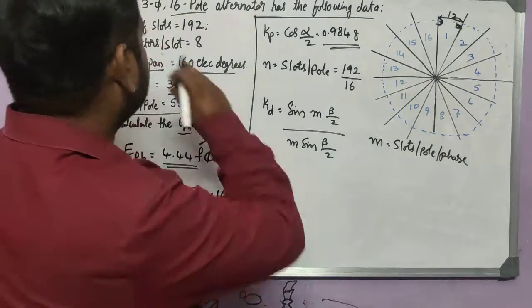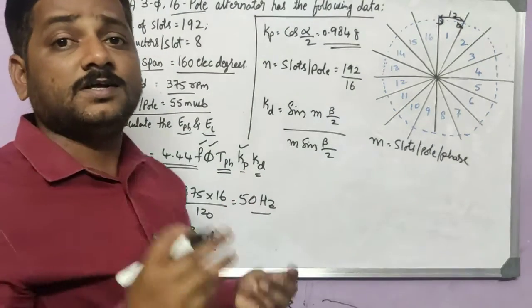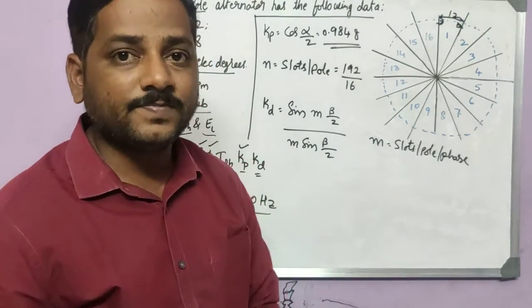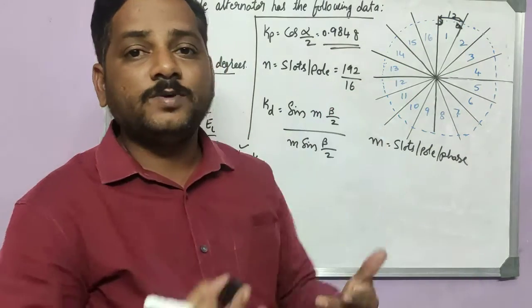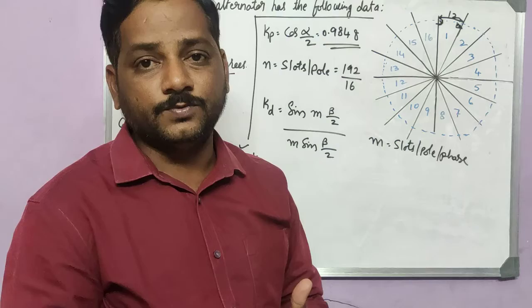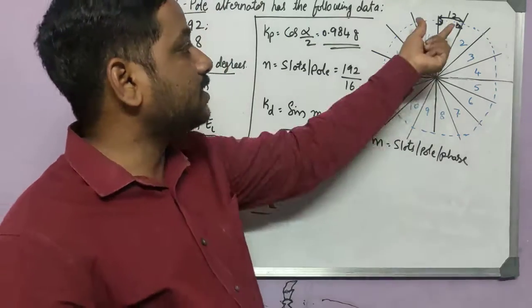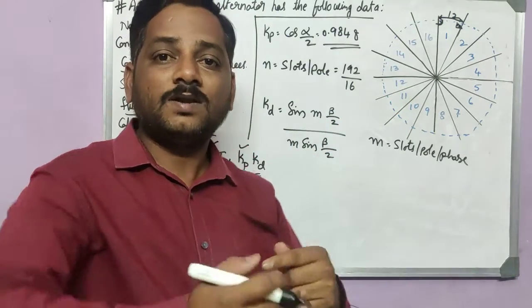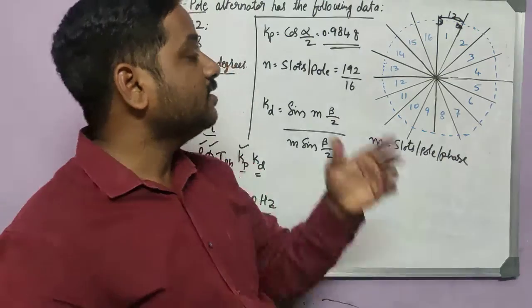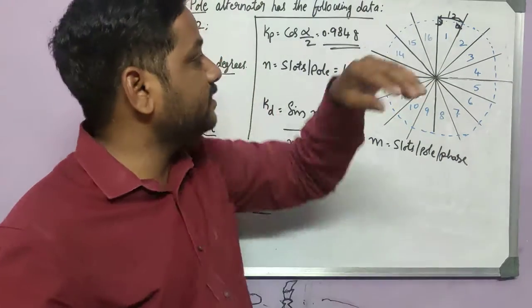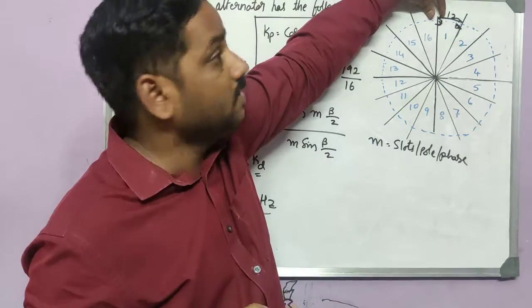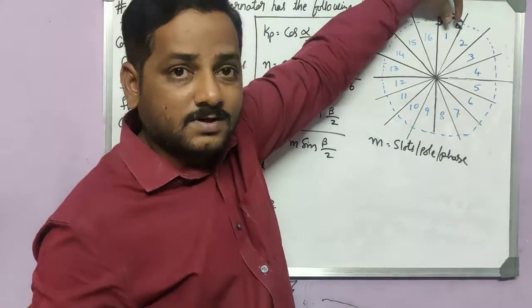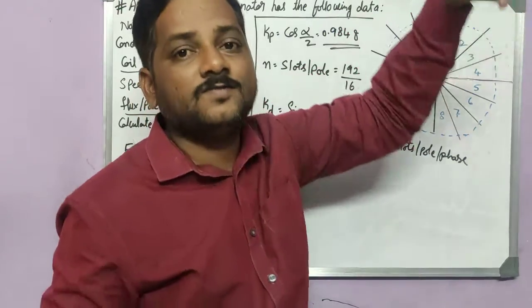It means it is a 3-phase alternator, and we know that R, Y, B are the 3 phases. So when you have 12 slots in one pole, for each phase how many slots do we give? Definitely these 12 slots will be divided by 3. So 12 by 3 means it is 4, right? So 4 slots will have the red R coil, another 4 slots will have the yellow coil, and another 4 slots will have the B phase.